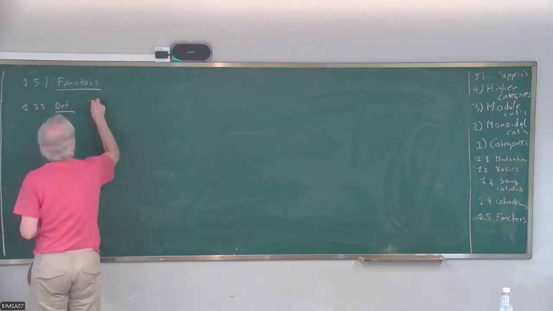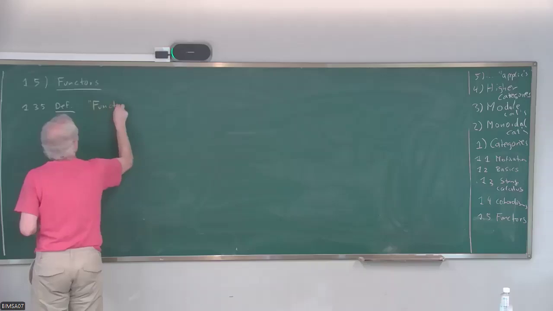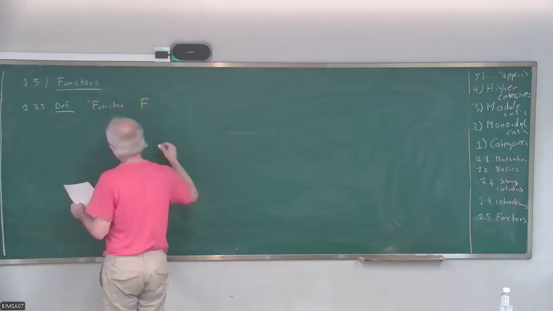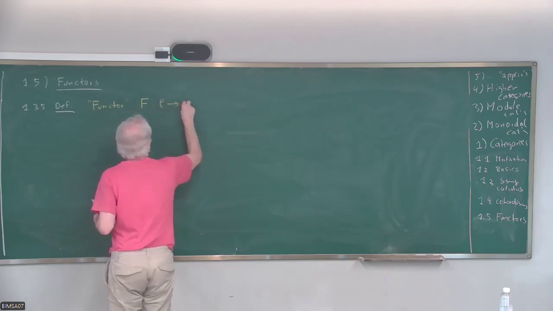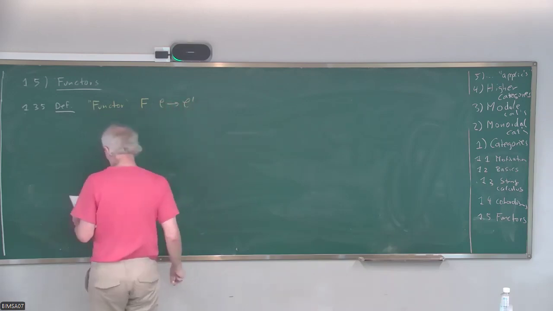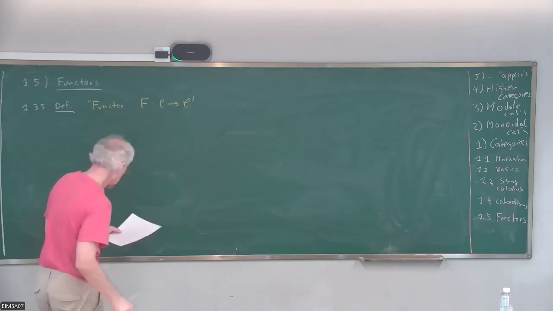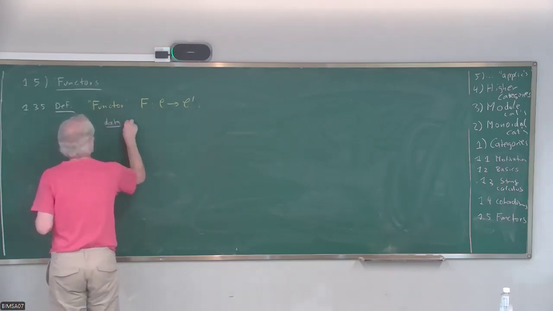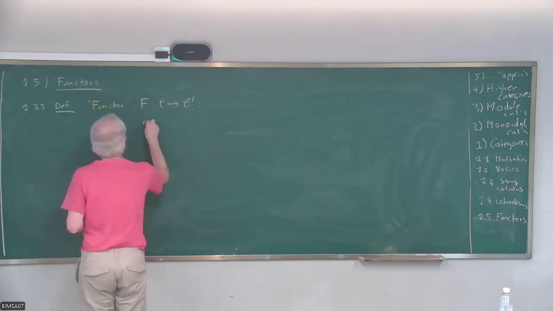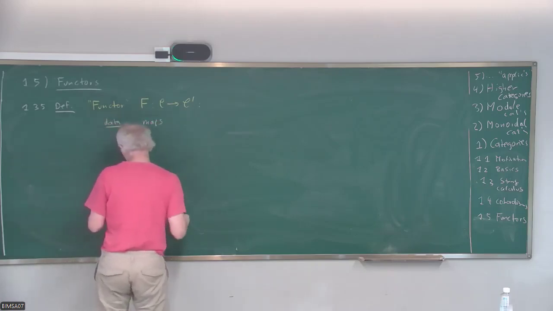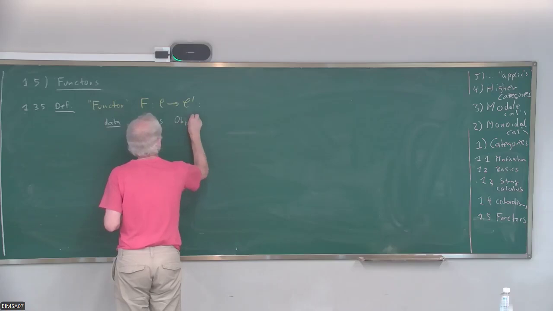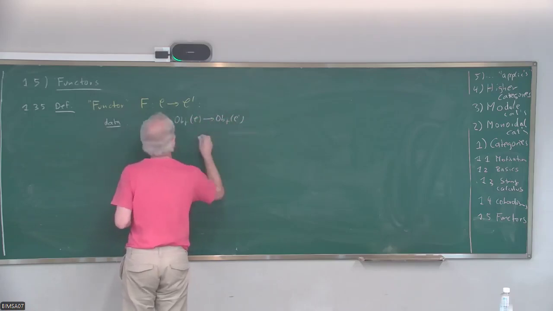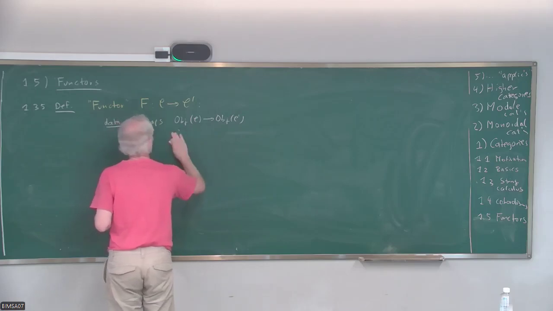A functor, often denoted by capital F or similar letters, between 2 categories, C and C prime, is the following. We have the data, which are 2 maps, one between objects and one between morphisms.